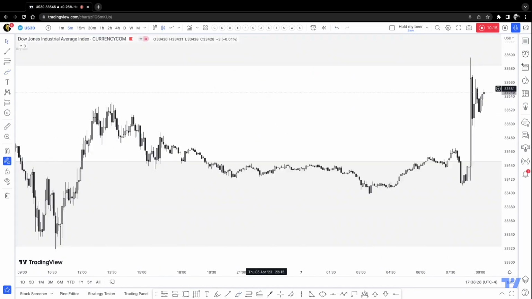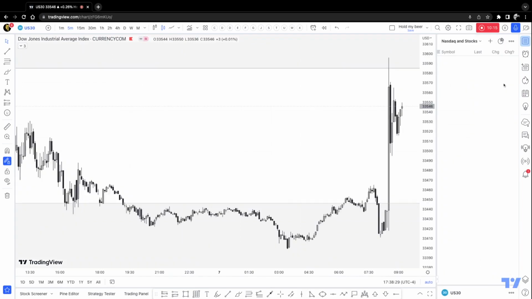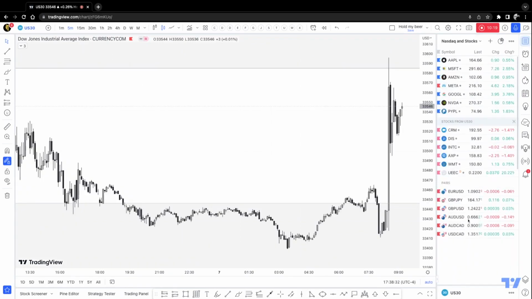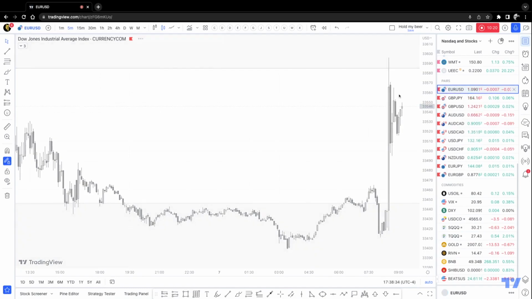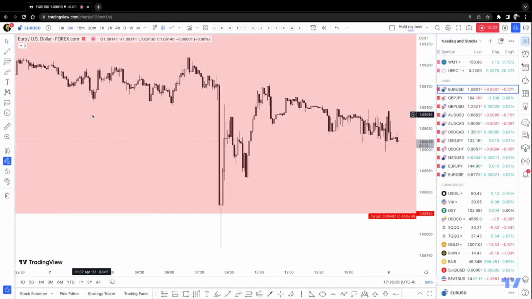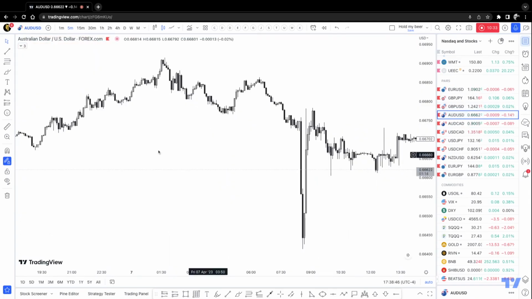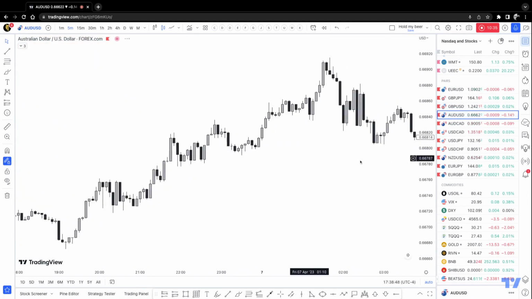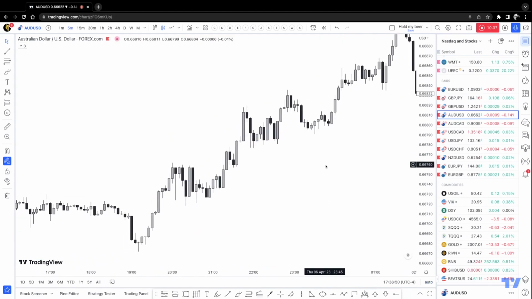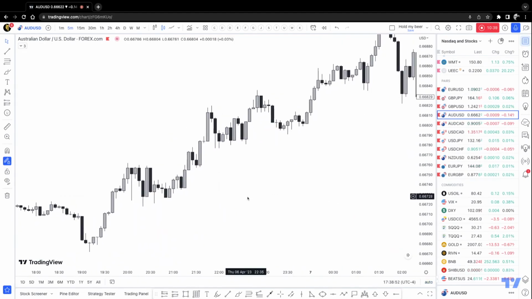So let's go to maybe another currency pair. This happens in any time frame. In this case, let's go to AUD USD. Okay, so we're on a bullish uptrend right here.